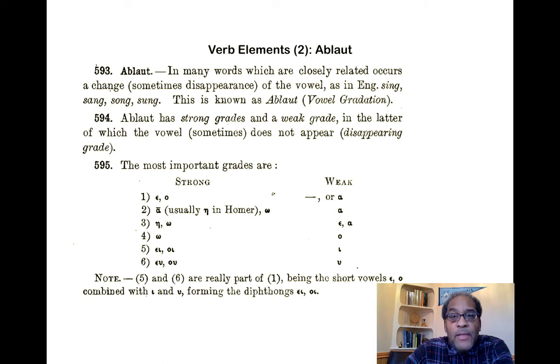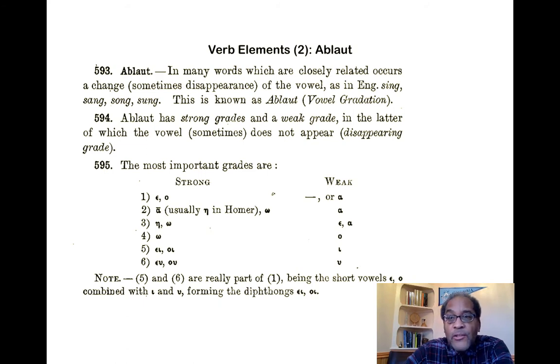Okay, in many words which are closely related, there occurs a change, sometimes even the disappearance of a vowel. So take, for example, in English, sing, sang, song, sung. I sing to my girl, I sang to my girl, I sang a song, I have sung to my girl.